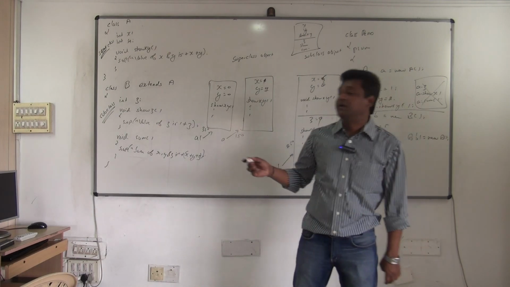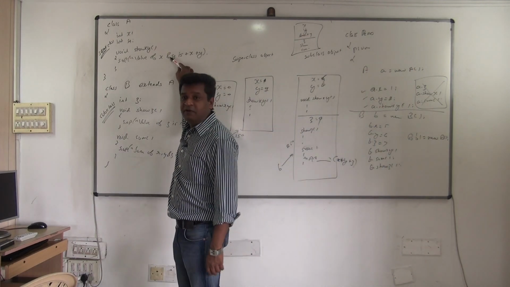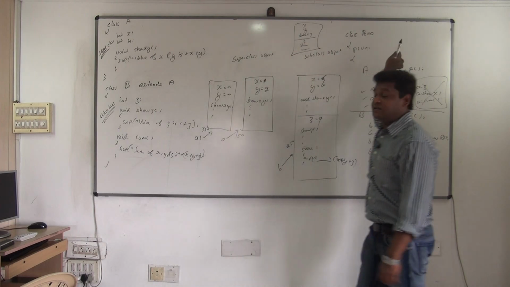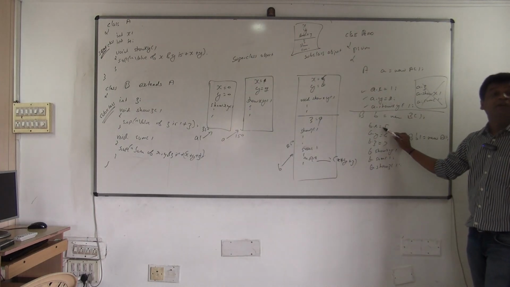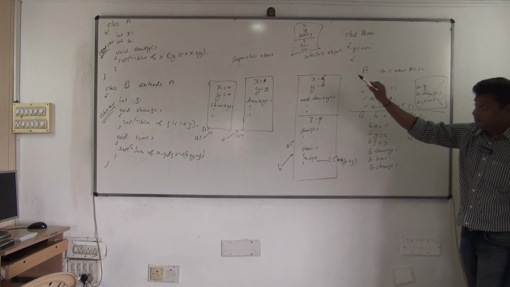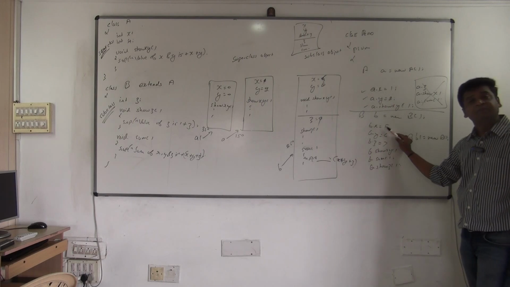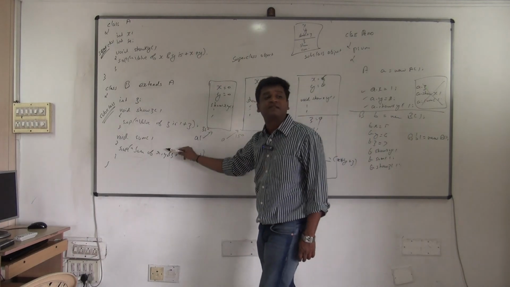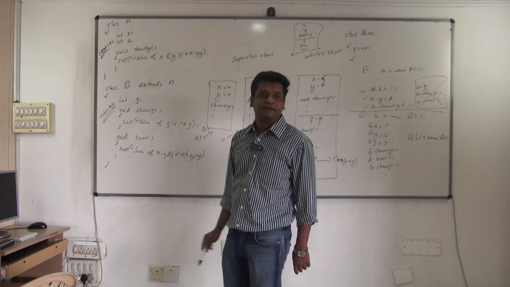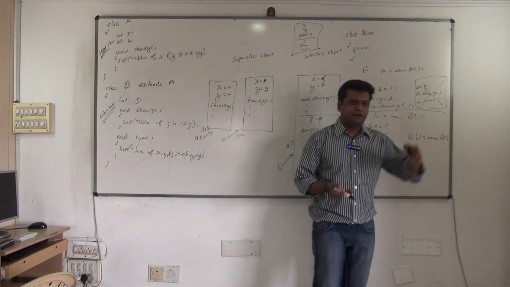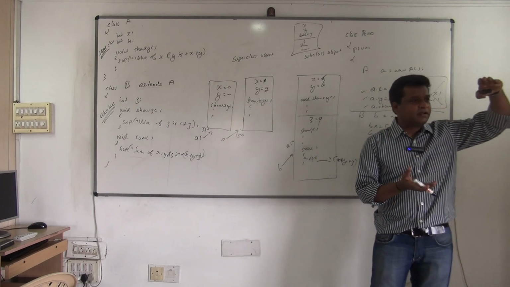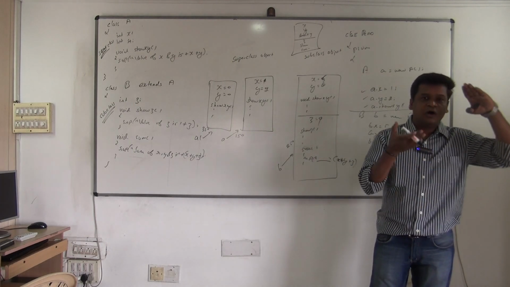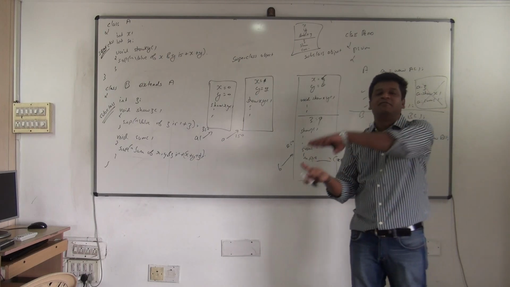How a member, see, X and Y, if I want to access it in another class, how did I access? B.x, B.y. X and Y, if I want to access it in another class, object dot operator. But X and Y, if I want to access it in a subclass, direct. That is the difference. When you have a class, that member can be accessed in a subclass or that member can be accessed in a different class.